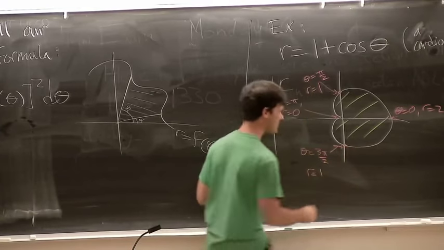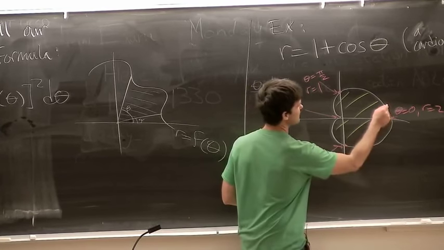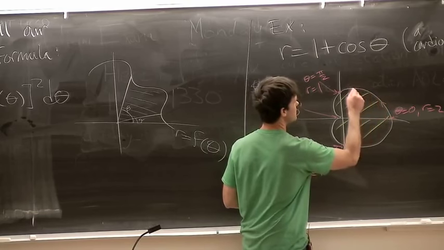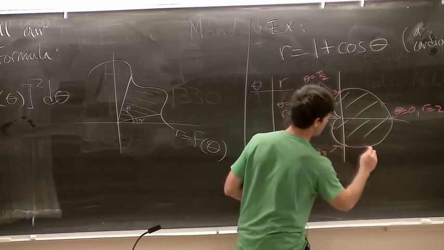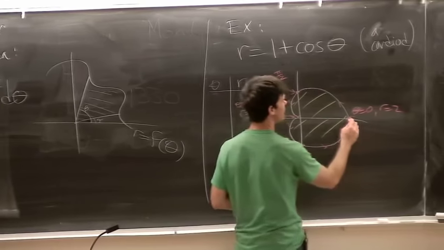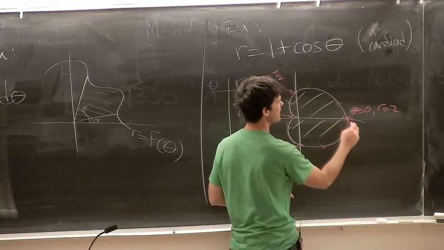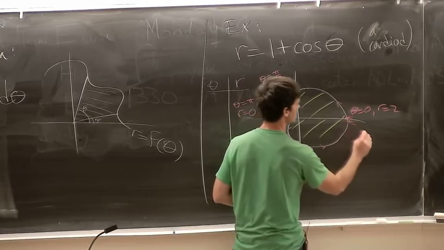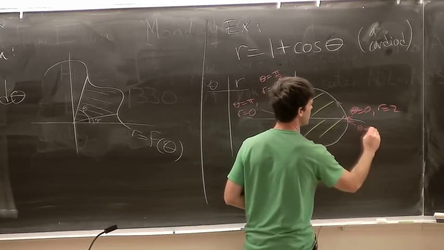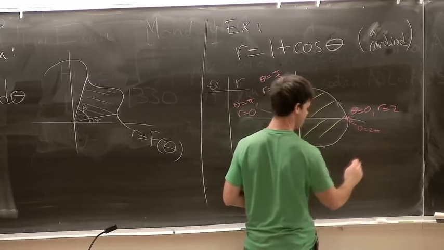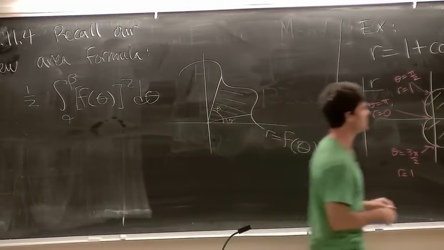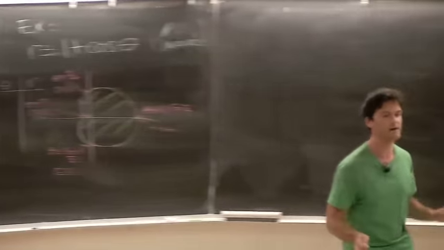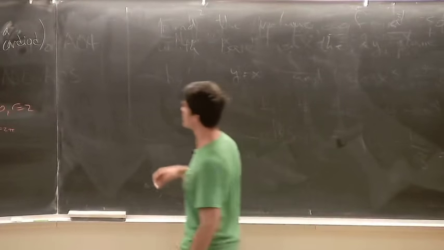And then I could have traced out a path of this curve as we increase theta all the way up until I get back to here, which is also the same as theta equals 2 pi. So I can use 0 to 2 pi as my limits of integration.